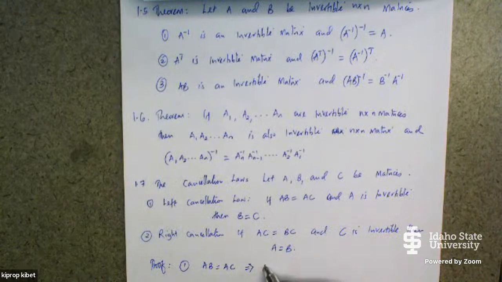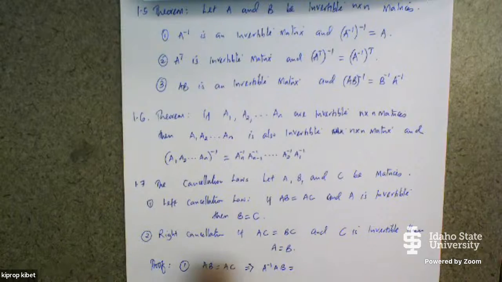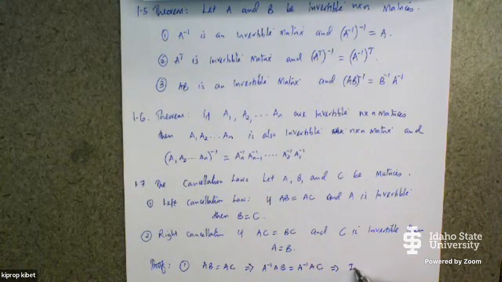If we multiply the left by the inverse, A inverse AB equals A inverse AC. And this is the same as IB equals IC, and then B equals C.